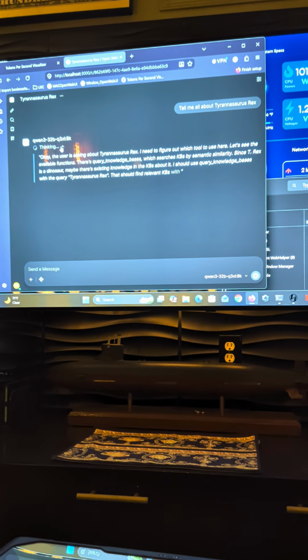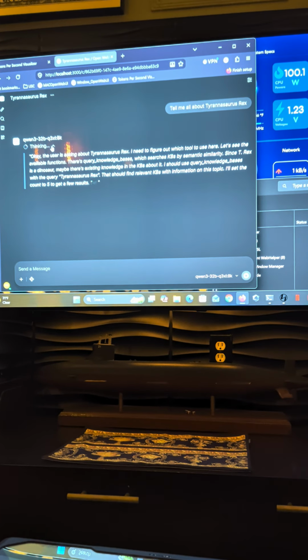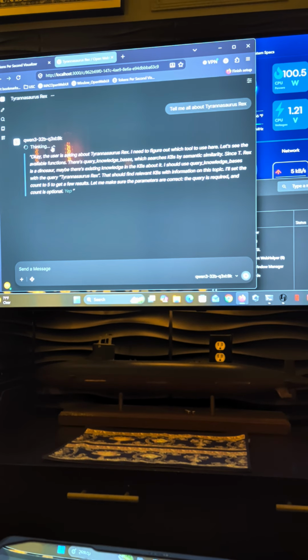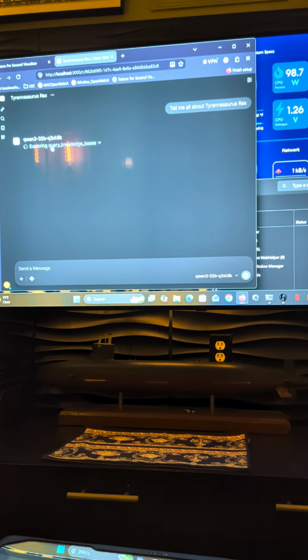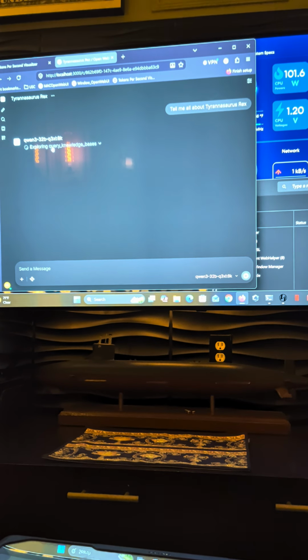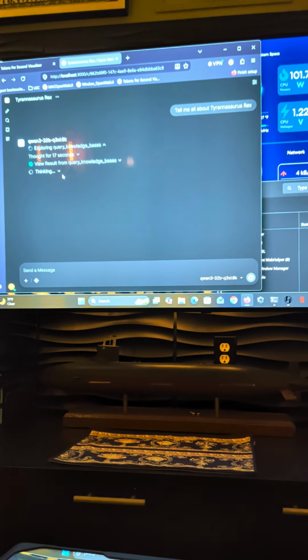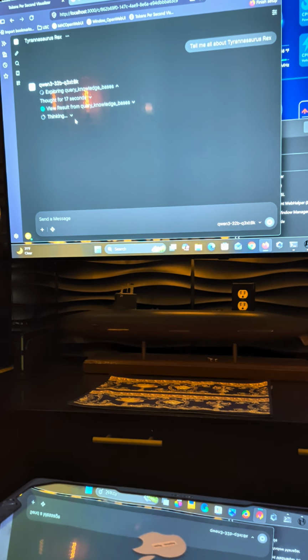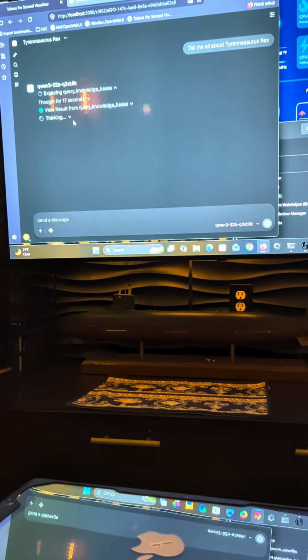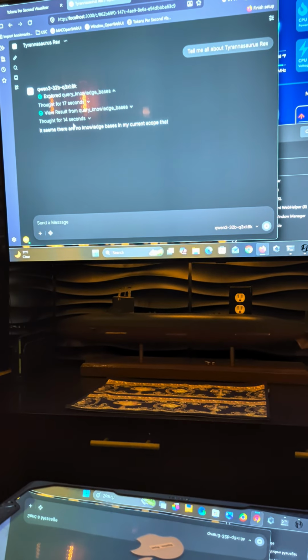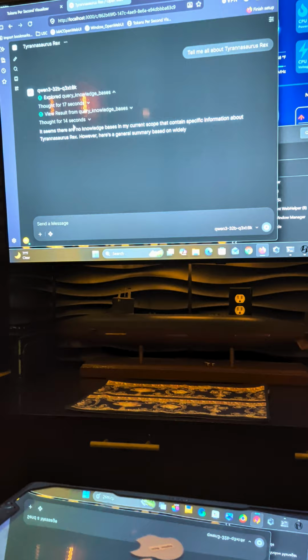And as you can see, it is showing us our thinking process, and that is looking very much like 10 tokens per second. Now it's actually trying to look at RAG, which doesn't actually exist for this model, but essentially 10 tokens per second and that extremely long prefill time of 17 seconds.